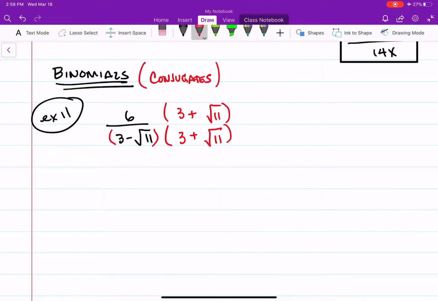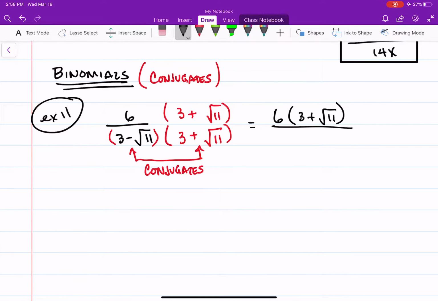So these two here are called conjugates. And whatever I multiply the bottom by, I have to multiply the top by, all right? So the top is going to be 6 times 3 plus square root 11.